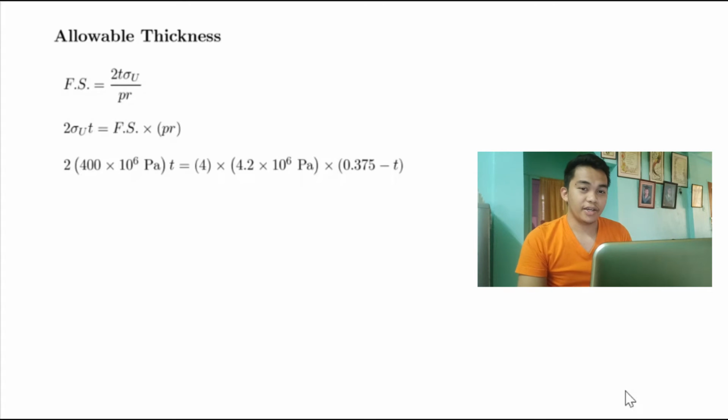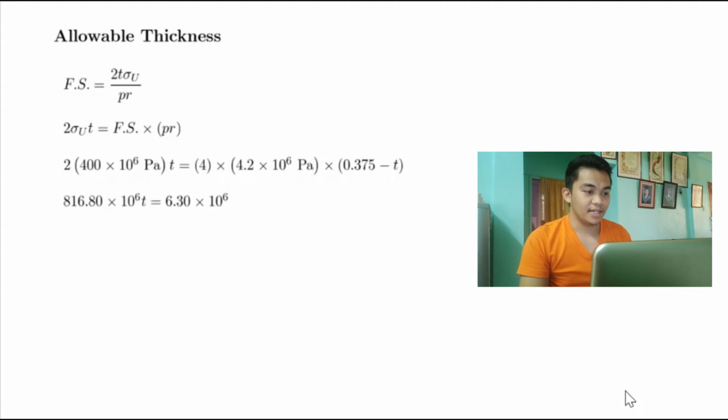Then we will substitute the given values with the numbers that we have. So that will be 2 times 400 times 10 to the power of 6 Pa times t equals 4 times the product of 4.2 times 10 raised to the power of 6 pascals times our radius, which is 0.375 minus t.